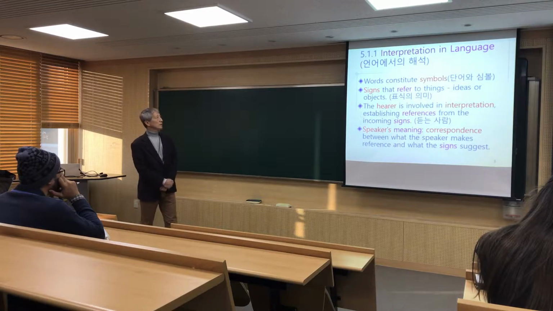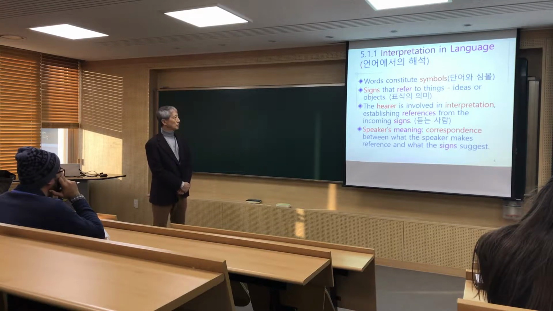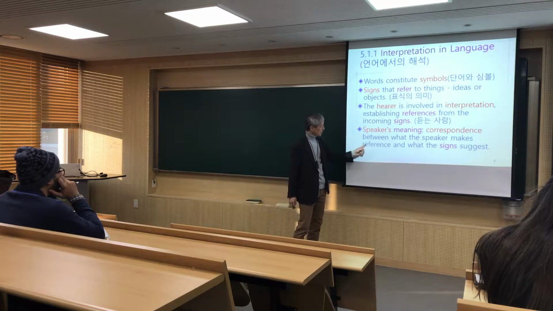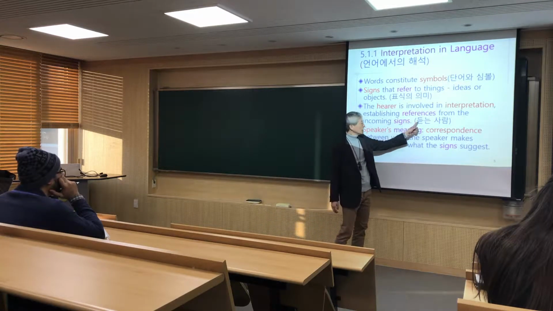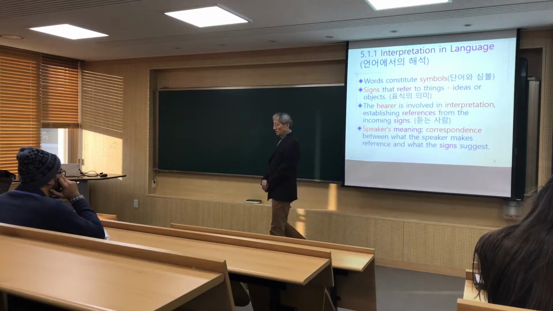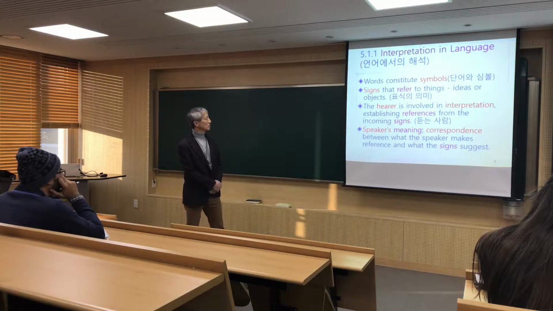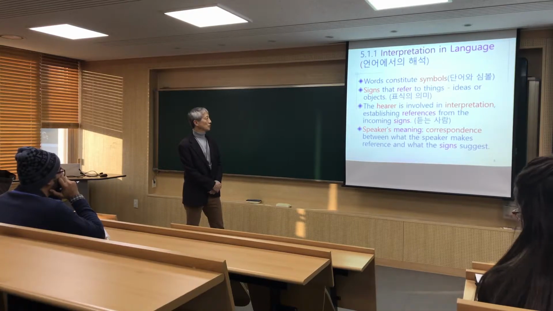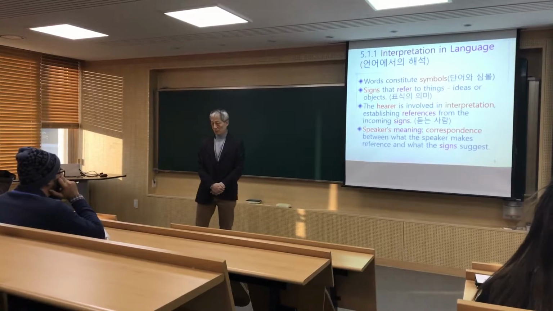And in language, words are made of symbols. Symbols like R, E, F, or these symbols of the Korean language. And words are constituted of symbols, and also signs, graphical signs, that refer to things, something like ideas or objects.